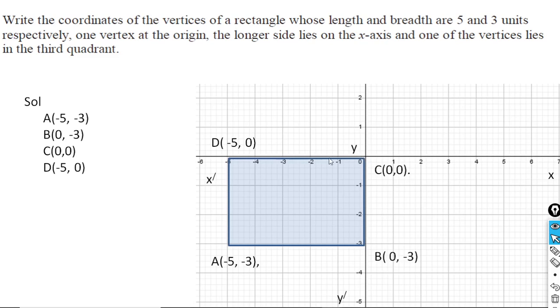We draw a rectangle in the third quadrant with one vertex at the origin. The length will be considered 5 units and the breadth will be considered 3 units. The length is 5 units because it is given in the question. The longer side lies along the x-axis.